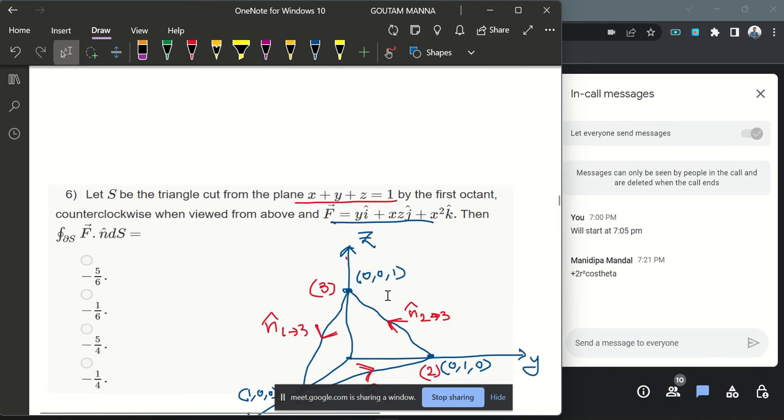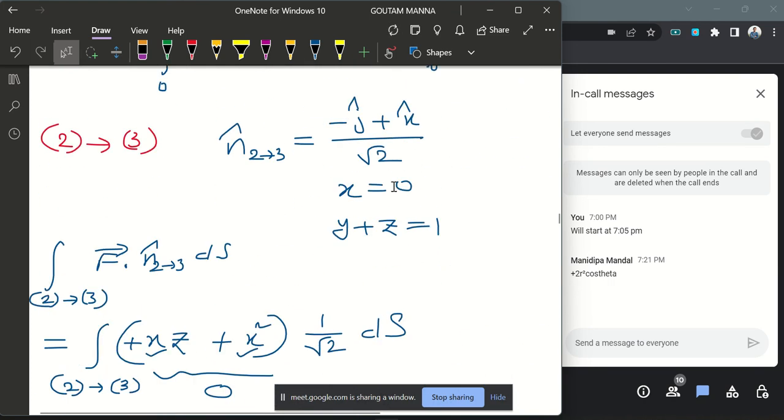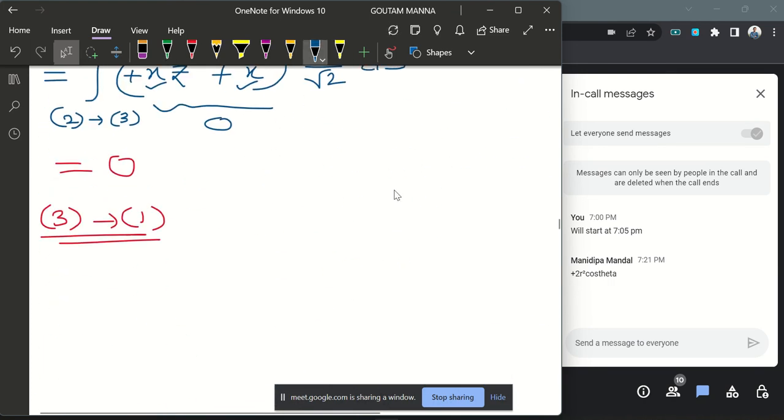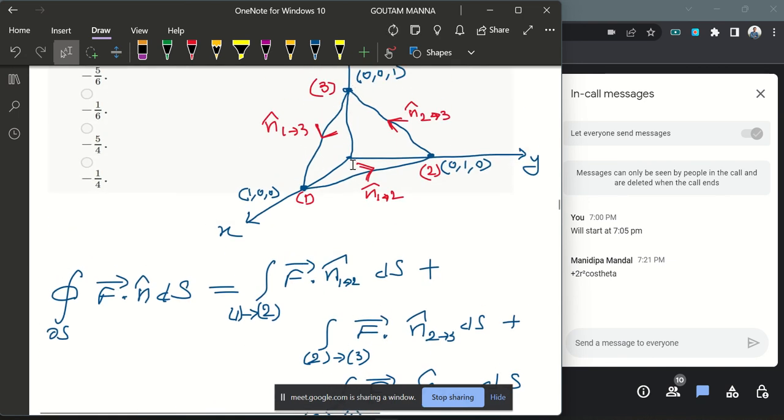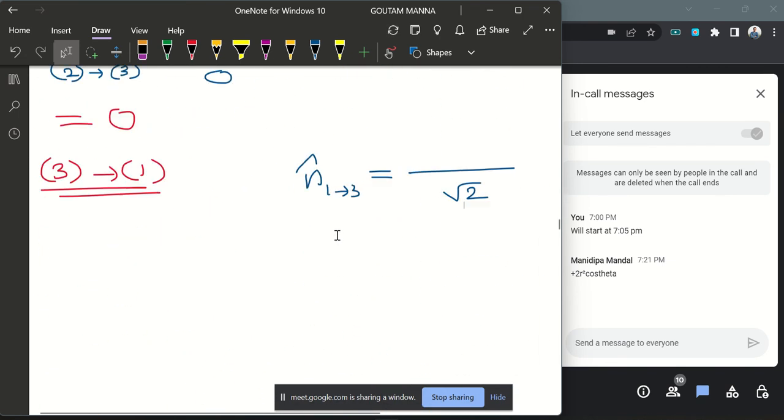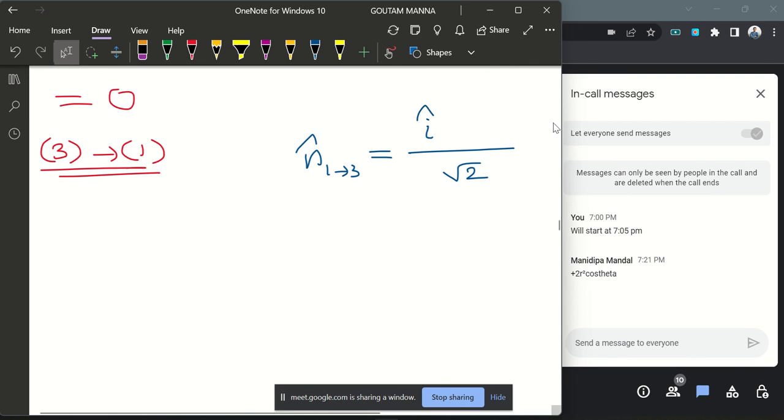So along this line, the unit vector n hat from 1 to 3 will be positive along the x direction and negative along the z direction. That means i hat minus k hat.